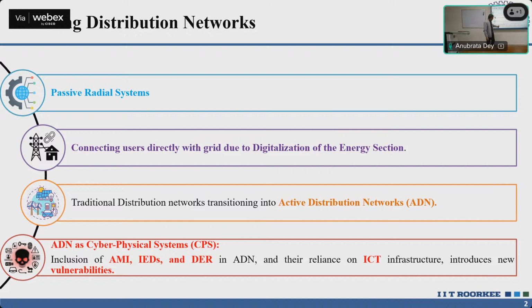Vulnerabilities are always there. This includes advanced metering infrastructure, your IEDs, intelligent electronic devices, and at DER level, when you install any DER with smart inverter, then at all three levels the threats are always there. Earlier it was not there.